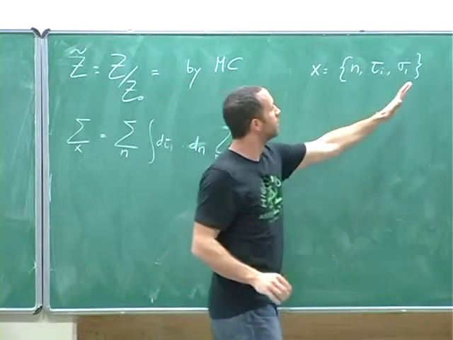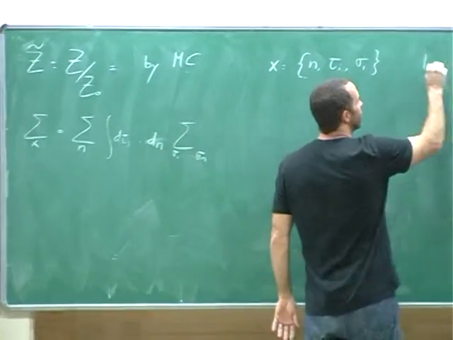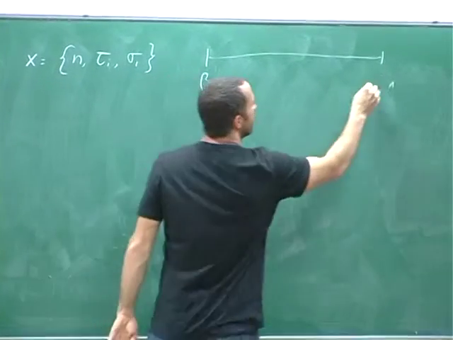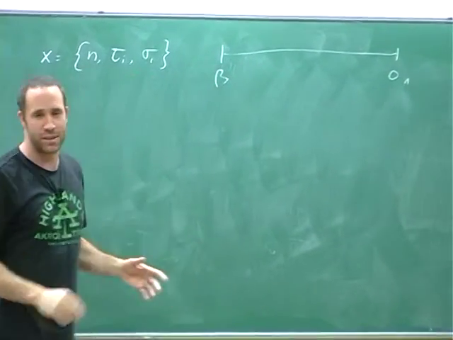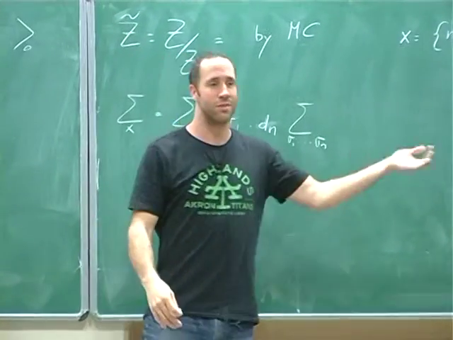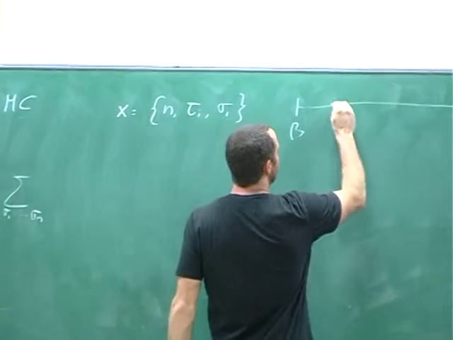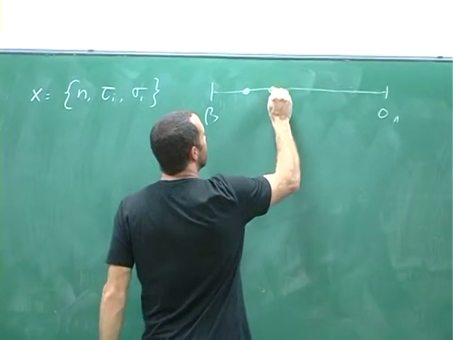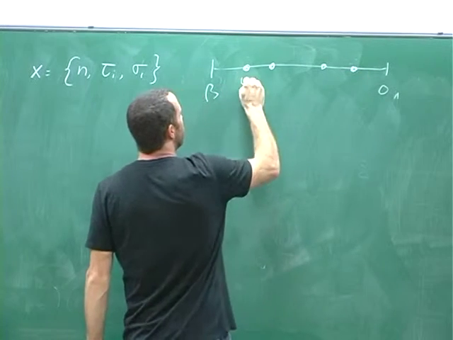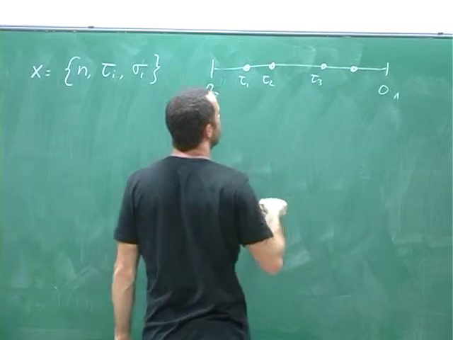So the way to describe this set is to simply take an interval between beta and 0. I start with beta because there's time ordering, so that bigger times go on the left. And then I'll put vertices at different places, at times tau_1, tau_2, tau_3, and so on.